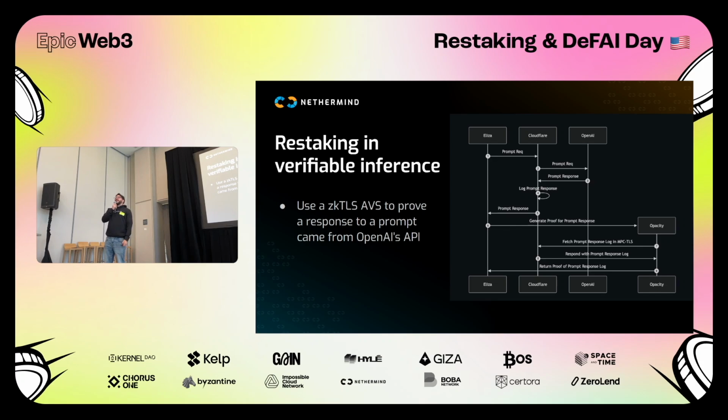Okay, now restaking, finally. Restaking and verifiable inference. This is a right here, right now approach, something that we can leverage in the present to generate proofs of inference. This leverages the zk-TLS construction, of which we have a couple of AVSs and restaking protocols. It uses zk-TLS to prove that a response to a prompt indeed came from connecting to OpenAI's API, for example. So you get one of these AVSs, Opacity, Reclaim.